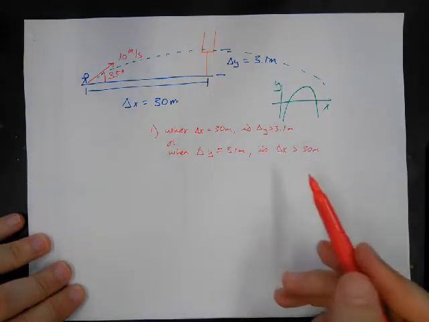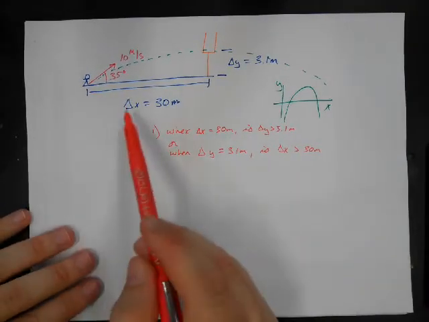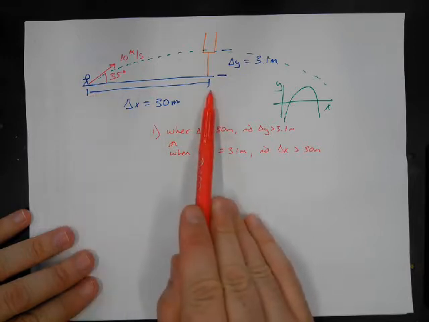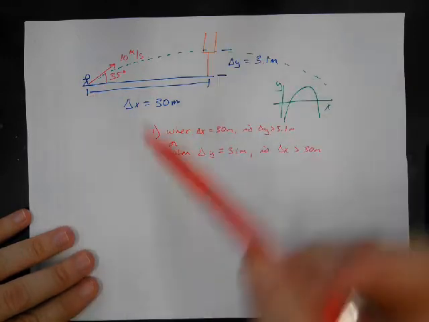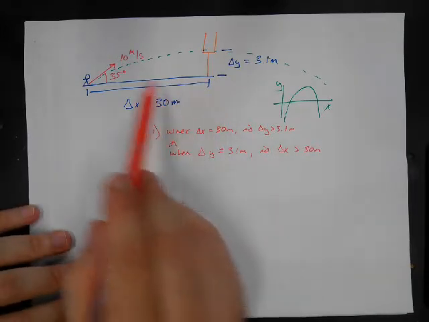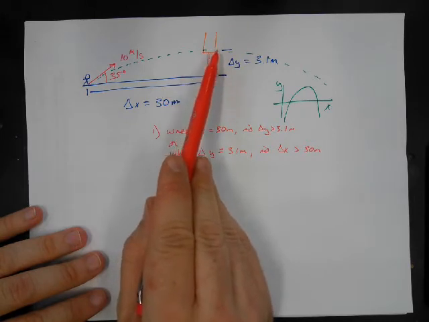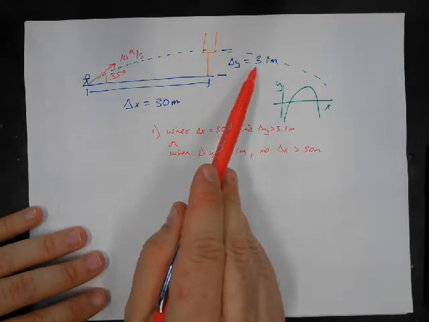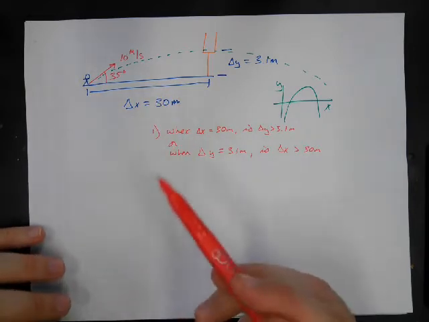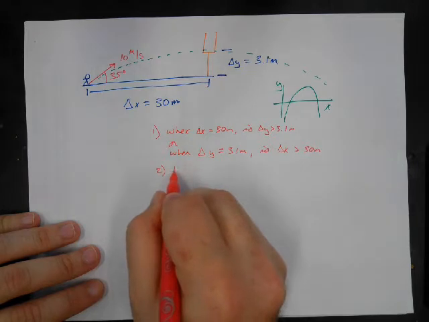That's saying, is it good? But the idea is that we're going to analyze basically what happens, how long it takes it to go the 30 meters, and then where it is in height when it gets there. Or, vice versa, when it passes falling down through 3.1 meters, is it enough distance? And we can say two, how long is it in the air?